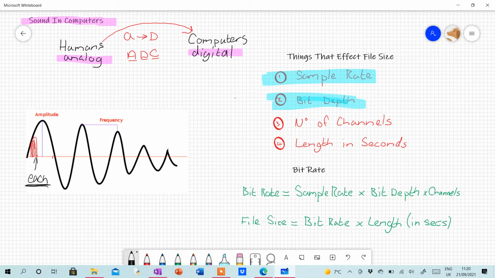Okay, so if I give 8 bits per sample and I give 16 bits per sample, you can see obviously that the 16 bits is going to be bigger.